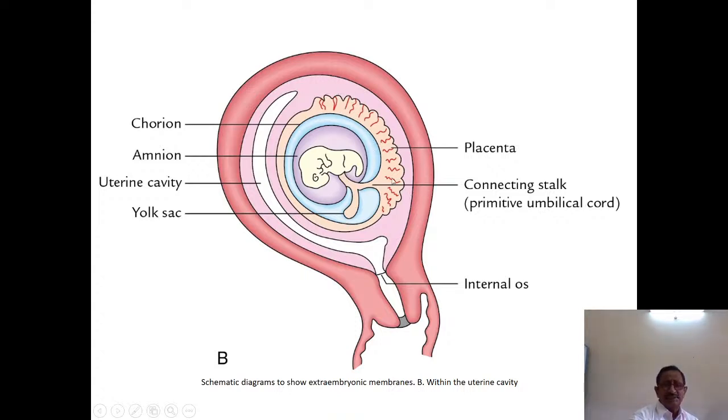This one is the endometrium of the uterine cavity, and this part is the cavity because it is present in between the two endometrial layers of the two walls of the uterus. See, this one wall is bulging because of this embryo, and this other wall just has the endometrium. So in between you have the cavity of the uterus.